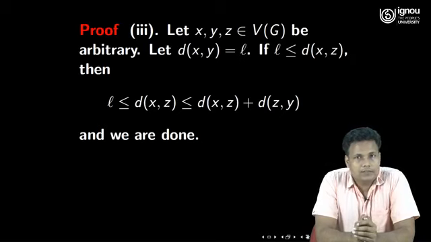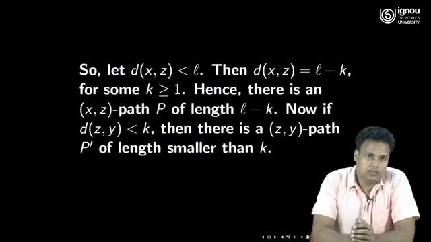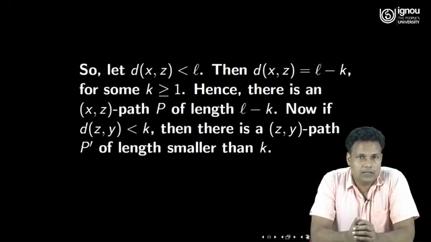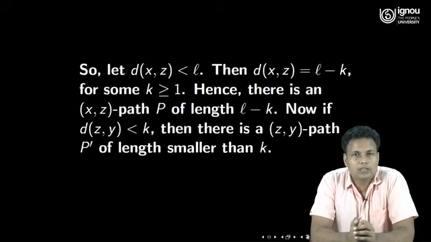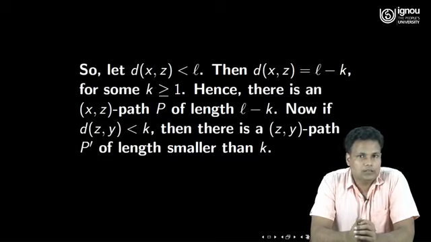So in this case, another case is that the distance between x and z could be less than L, right? So let dxz be less than L, and then it means that the distance dxz is essentially L minus k for some integer k greater than or equal to 1, right.